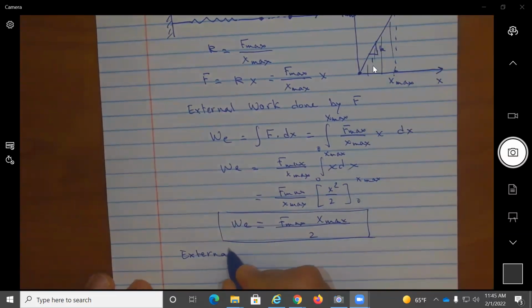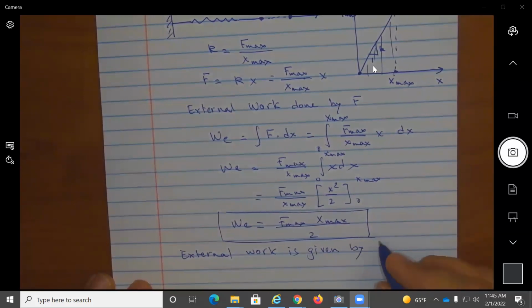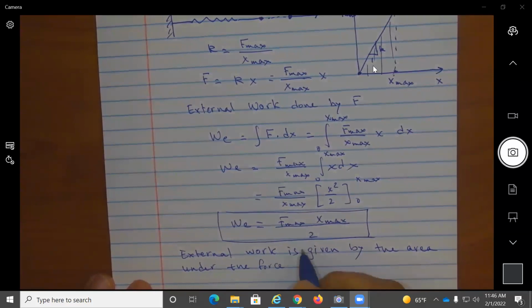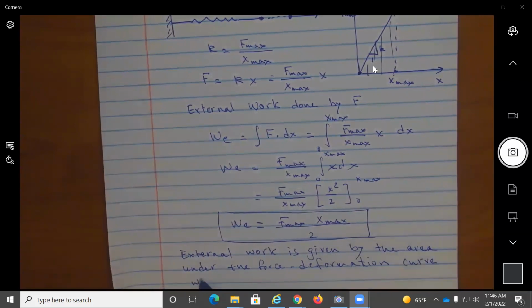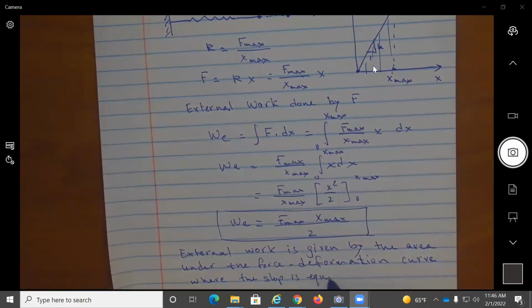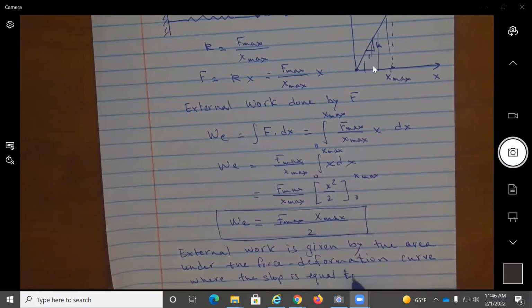So the external work is given by the area under the force deformation curve, where the slope is equal to the spring constant K.